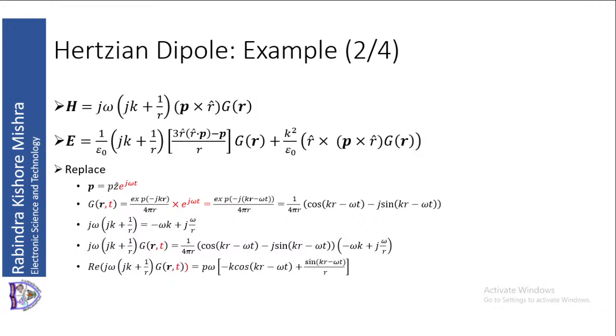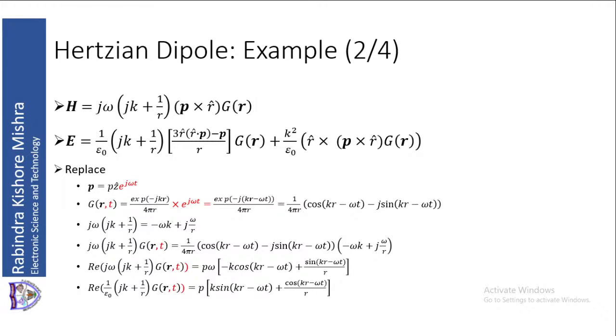Then we will take the real part of this. If we take the real part, it will be p into omega into (minus k cos(kr minus omega t) plus sin(kr minus omega t)) by r. This is the real part of this part.